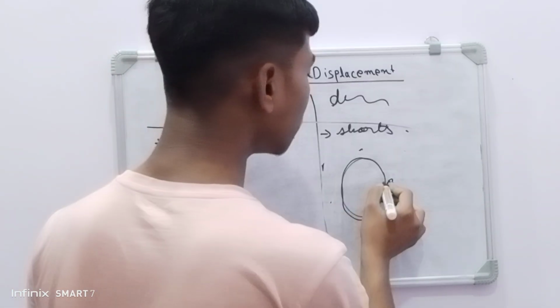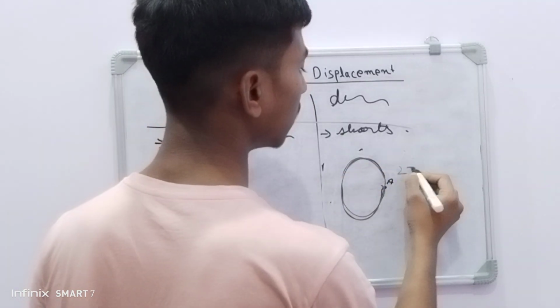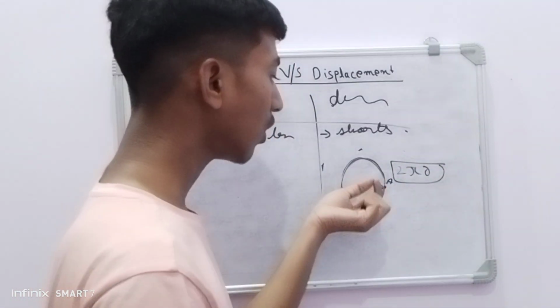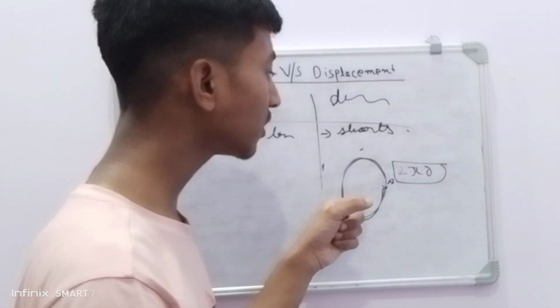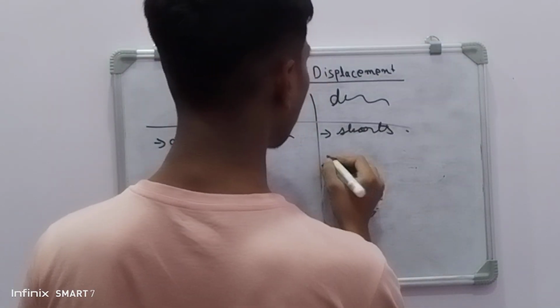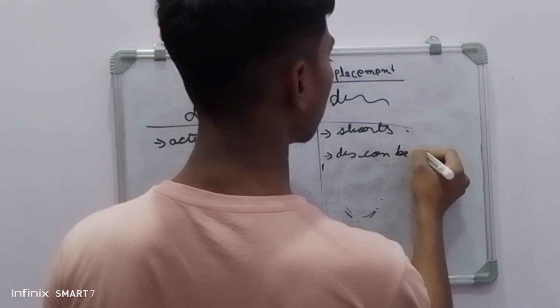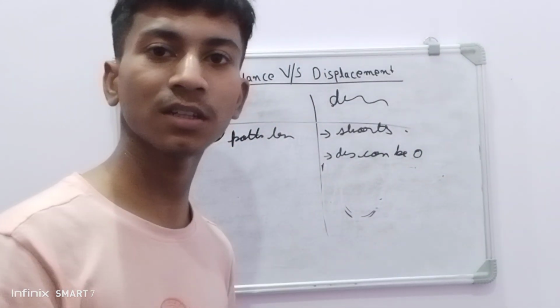But the distance is the circumference of the circle, which is 2 pi r. So the distance traveled by the object will be 2 pi r, but the displacement at the same time will remain zero. That means displacement can be zero when the object returns to the same position.